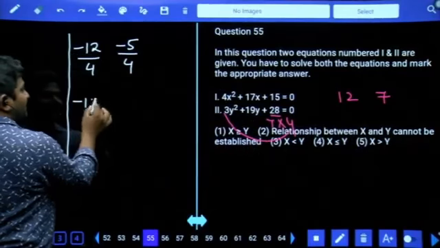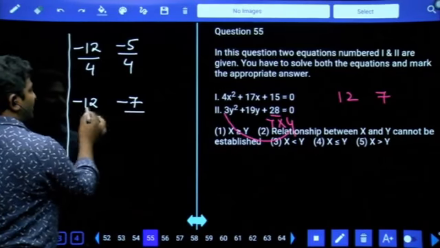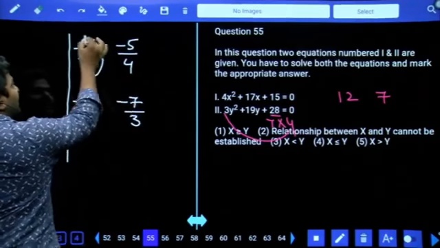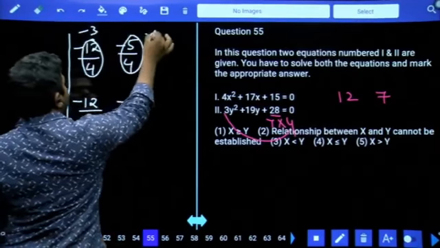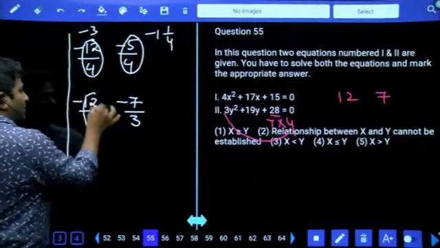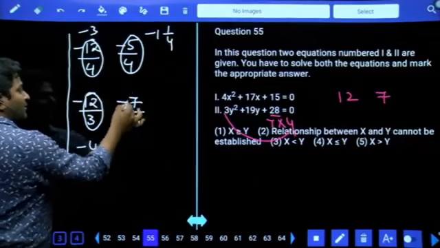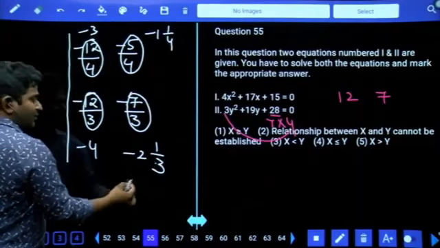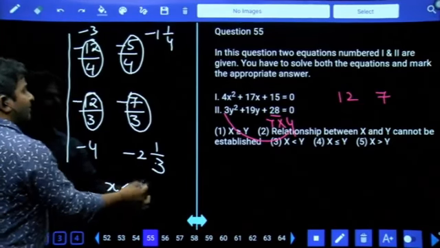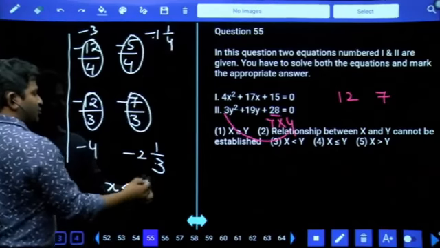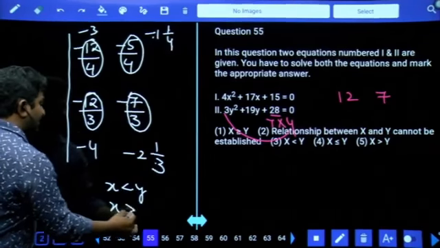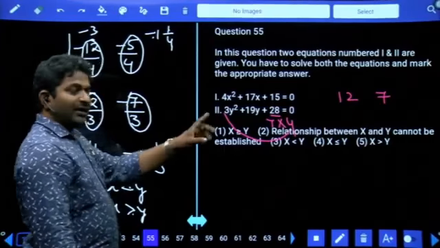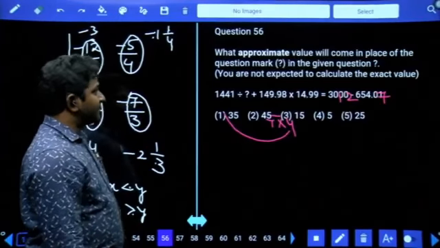Then factors are minus 12 minus 7 divided by the coefficient of y square, that is 3. This is minus 3, minus 1 1 by 4. Minus 4, minus 2 1 by 3. Minus 3, minus 2 1 by 4. X less than y. Minus 1 1 by 4, minus 2 1 by 3. X is greater than y. Less than and greater than condition, both we are getting. Relation cannot be established is our final answer.